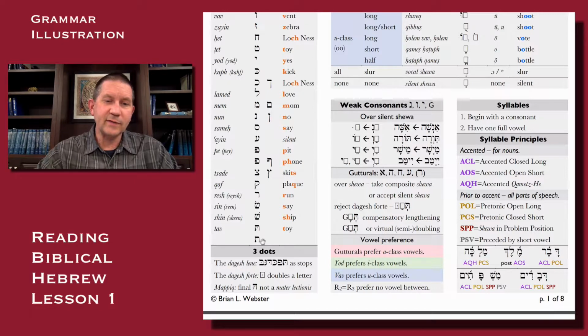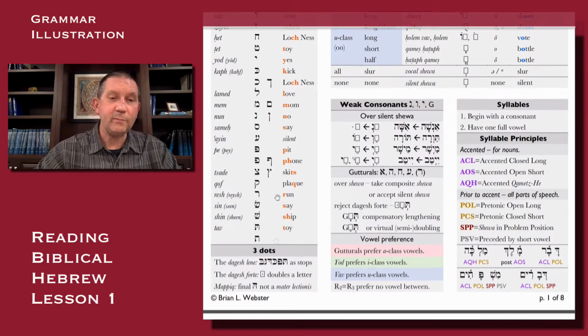But it will not have a dagesh lene, again, if it's following a vowel. And it will have the dagesh lene if it is following a consonant or a pause. In times past, this was a soft th, like at the end of with. And so that's the begad kafat letters.